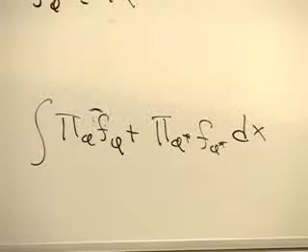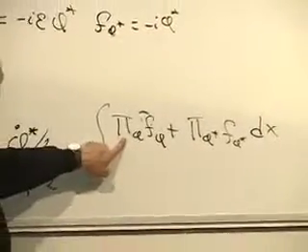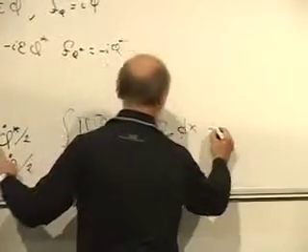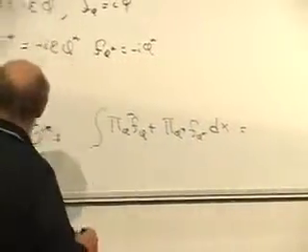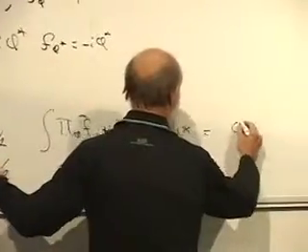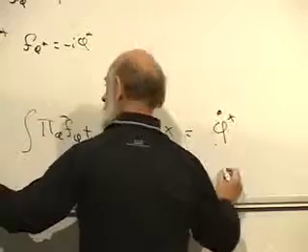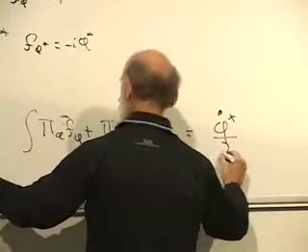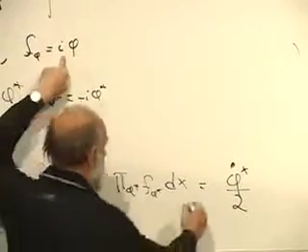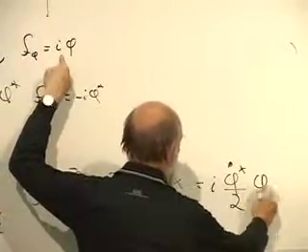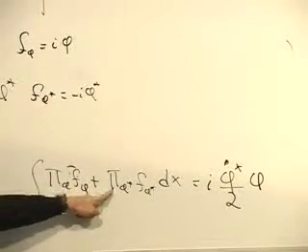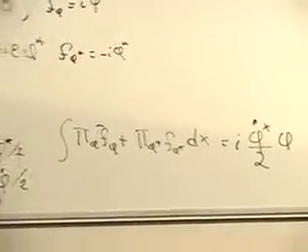Let's see what it is. Pi sub phi is phi star dot over 2. So this is equal to phi star dot over 2 times f phi, and f phi is i times phi. That's one term. Now the second term, pi sub phi star, that's phi dot over 2.